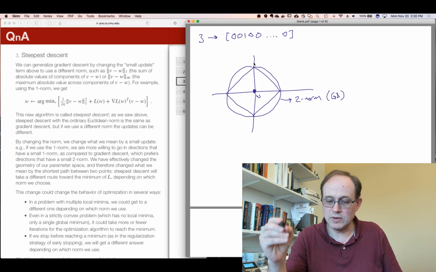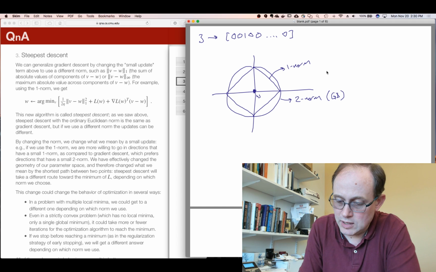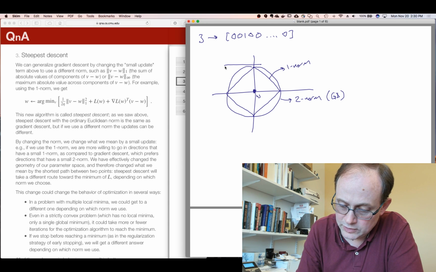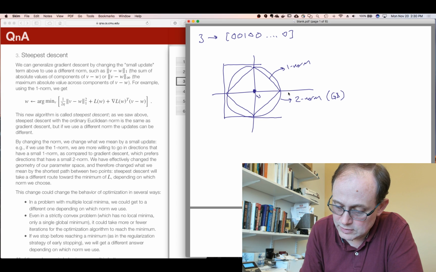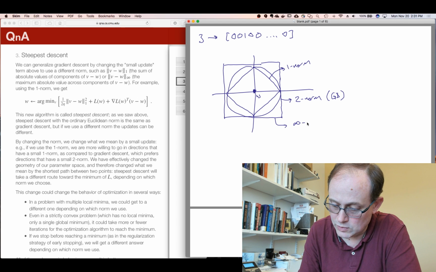But this here is the 1 norm. And then if we plot a level set of the infinity norm, it's going to look like a box, and so this here will be the infinity norm.